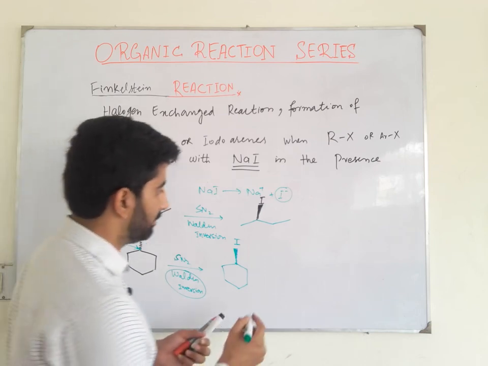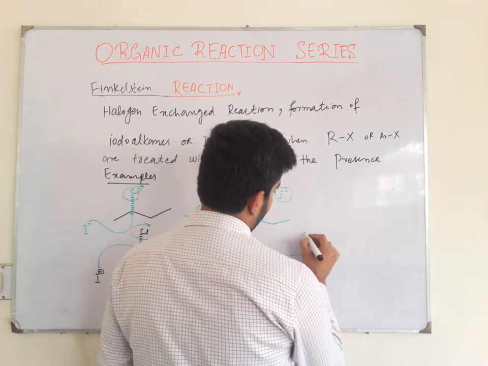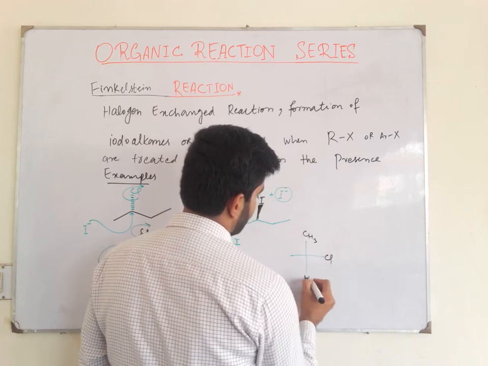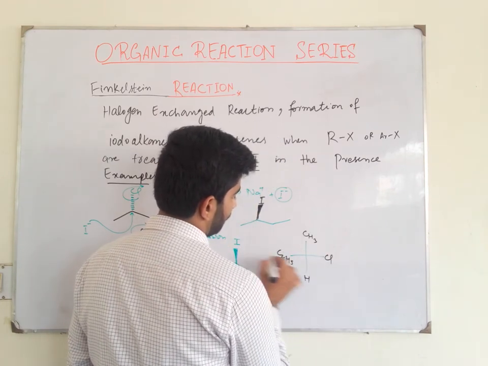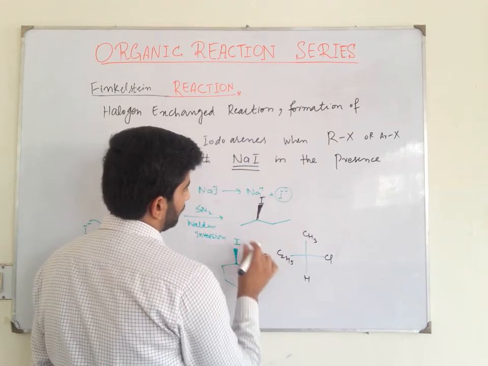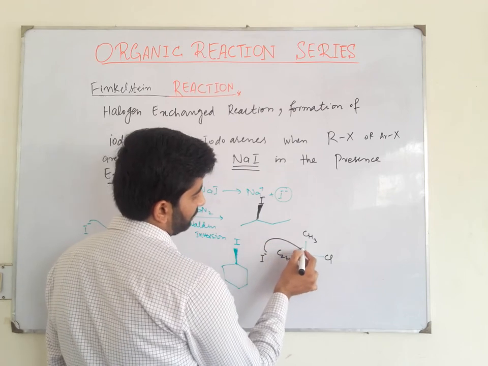We have another example, where we have a methyl group here, chloride here, hydrogen here, methyl group here. Sodium iodide gives sodium ions and iodide ion. This iodide ion attacks from the back side.